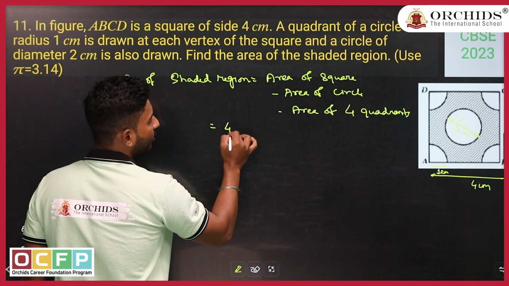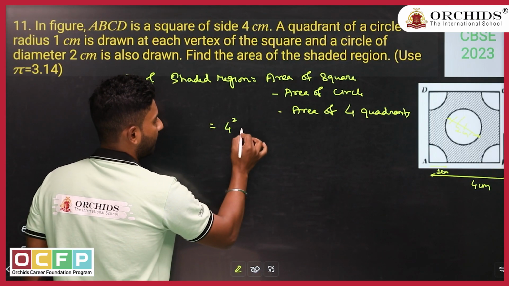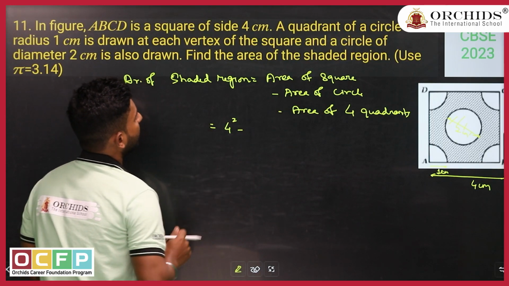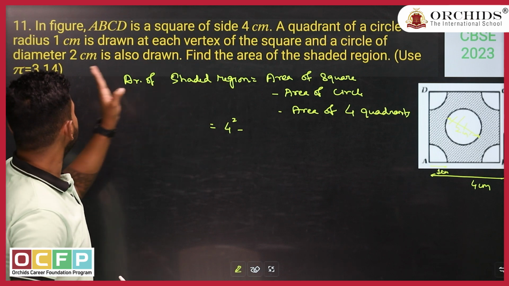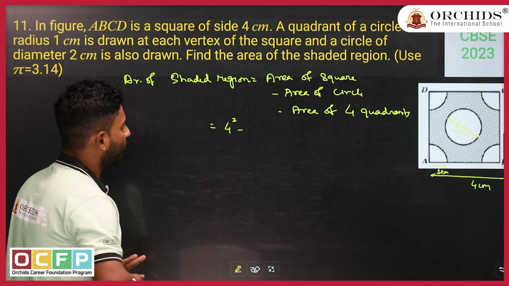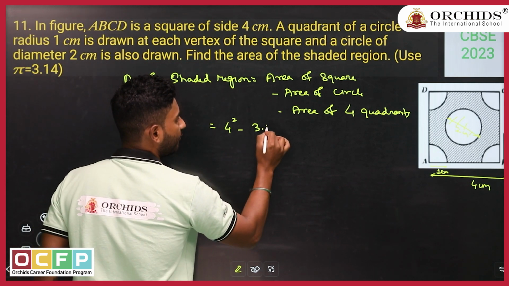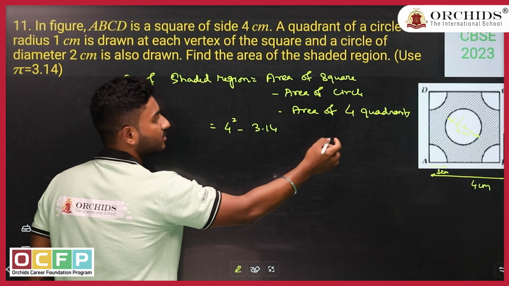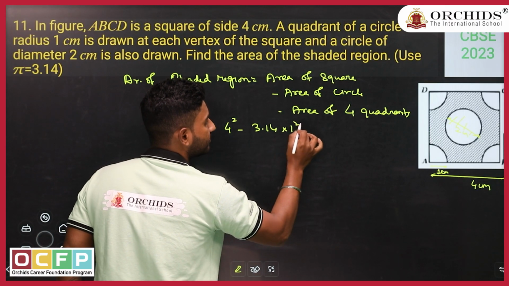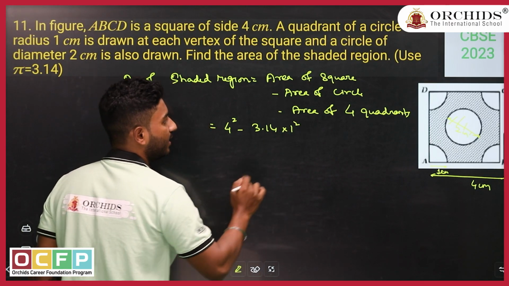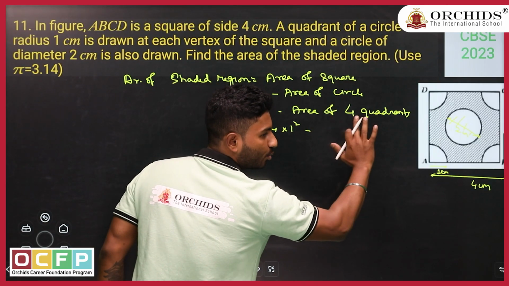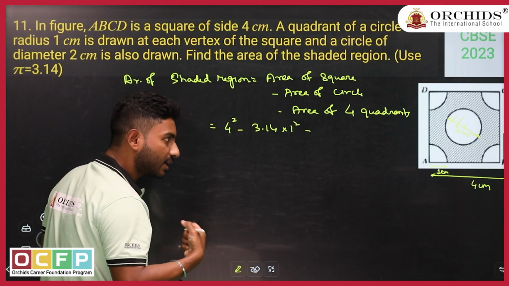So now area of the square, how we will do? 4 square minus area of the circle. Now what they have asked you to use? Use pi as 3.14. So 3.14 pi r square. R square is 1 square because radius is 1. Minus area of the 4 quadrants is nothing but area of the circle.